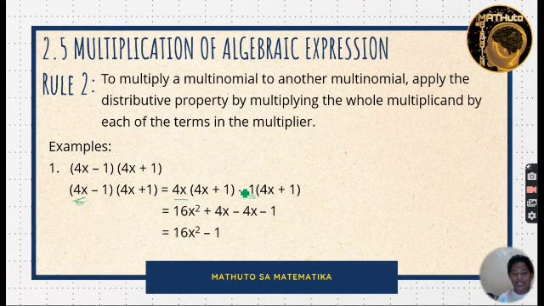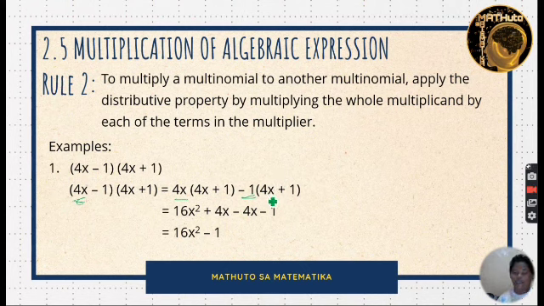And yung ating rule kanina, na if we have minus sign before the grouping symbols, change po ng sign, and distribute po natin yung constant 1 to the terms inside the parentheses.